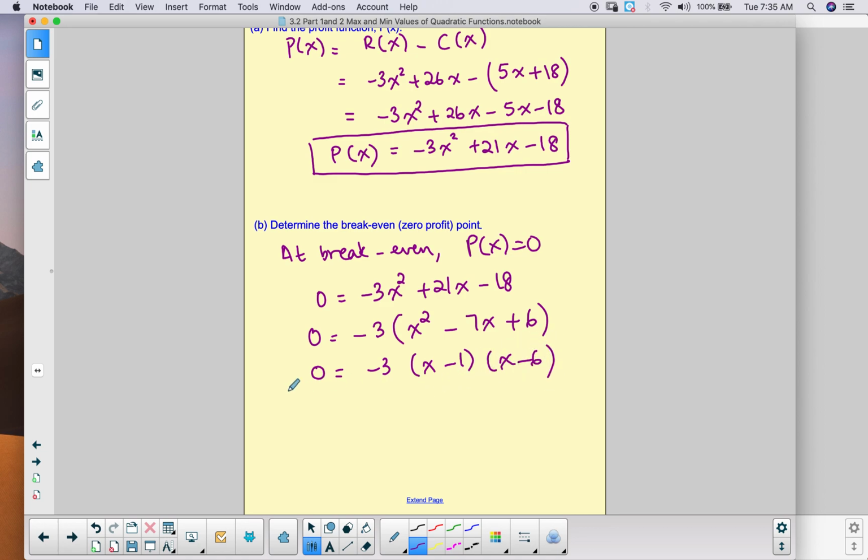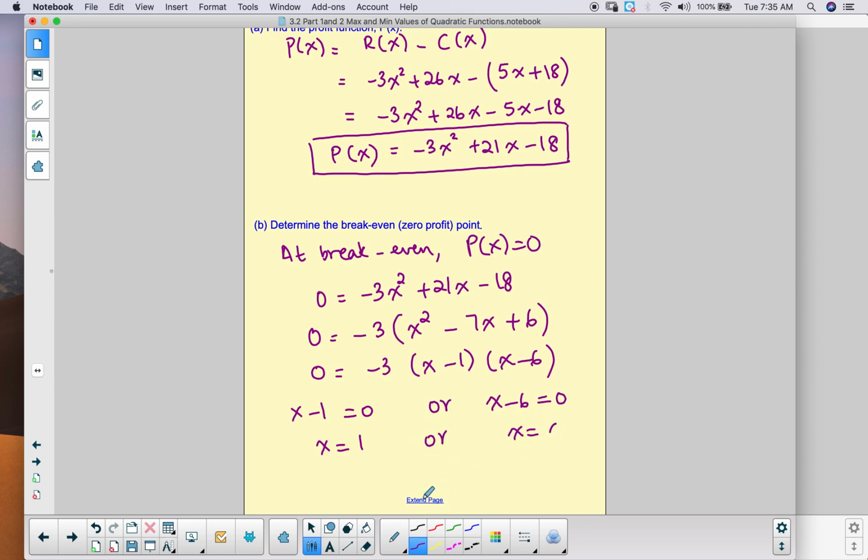So that means if you have this negative 3 times this equals 0, that means either x minus 1 equals 0 or x minus 6 equals 0, because either of them being 0 could make this entire right side equal to 0. So if x minus 1 equals 0, that means x equals 1 or x equals 6.